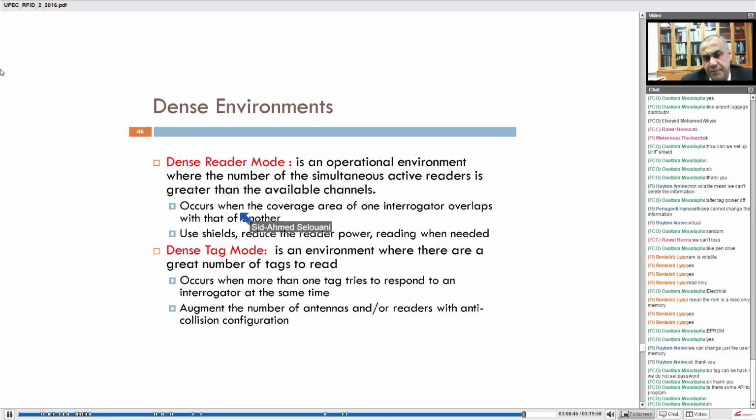Not reading every time, but programming the reading only when the conveyor is working, for example. If the conveyor is not working, you do not perform reading. This will reduce the risk of errors, and you can manage the dense reader mode.